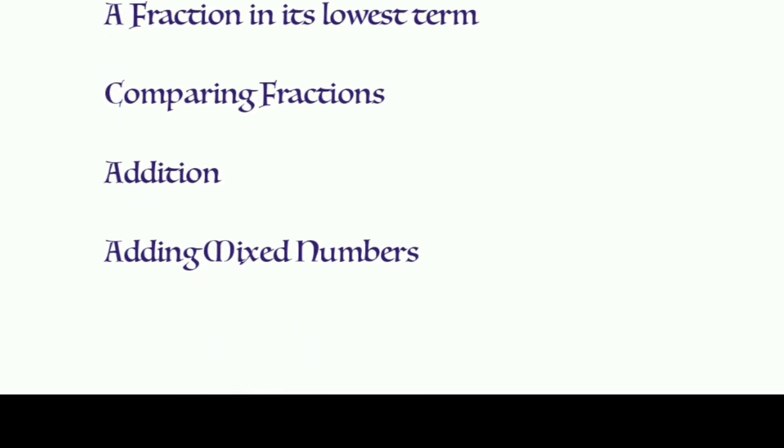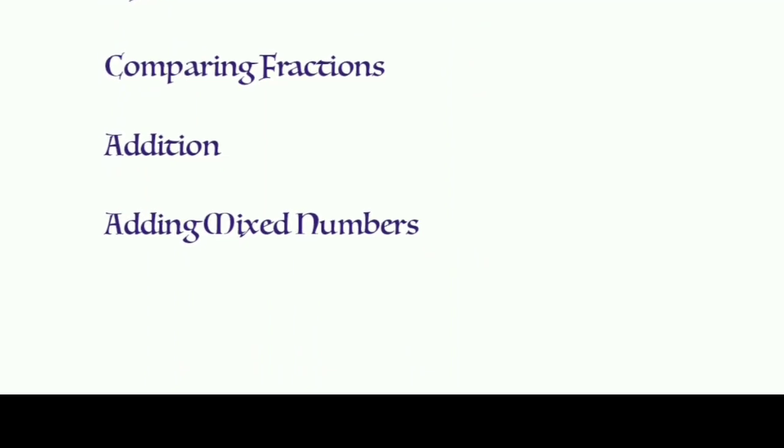In comparing fractions, they have learned fractions with the same numerator and fractions with different denominators. Then addition, adding unlike fractions. Then the last is adding mixed numbers, adding mixed numbers with like fractions and adding mixed numbers with unlike fractions.